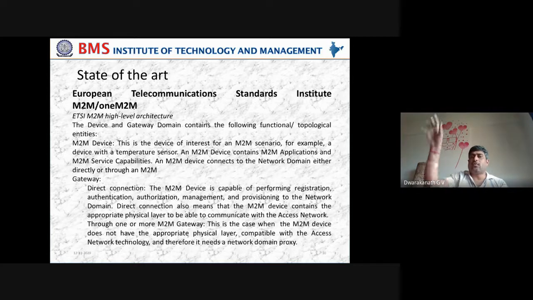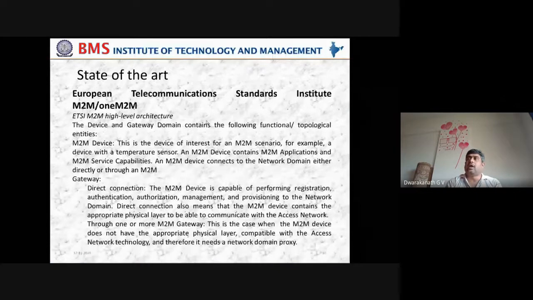There I can use a Wi-Fi module with the sensor connectivity also. I will take all the data. After connecting, I have to enter the SSID, password, and the API key for authorization and management, network provisioning, connectivity, everything. That code is different, right? We have seen that in our projects.